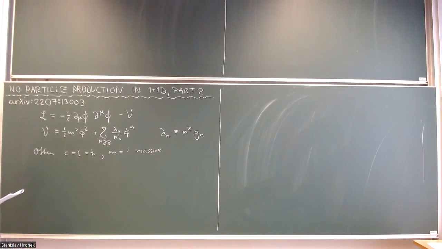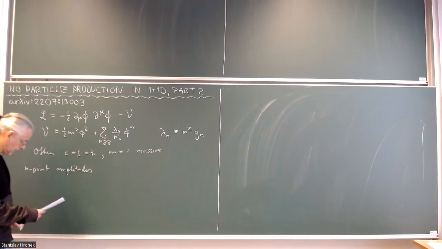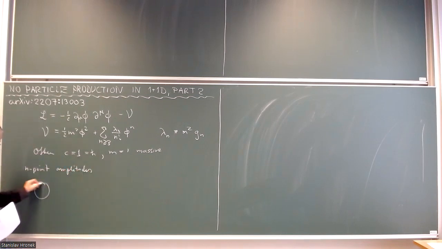And then the next thing we did was we looked at n-point amplitudes, where we draw like this, where we have n particles coming in and out, with some momenta k1, k2, all the way up to kn. We reordered so it's all outgoing here. So we have total momentum conservation.